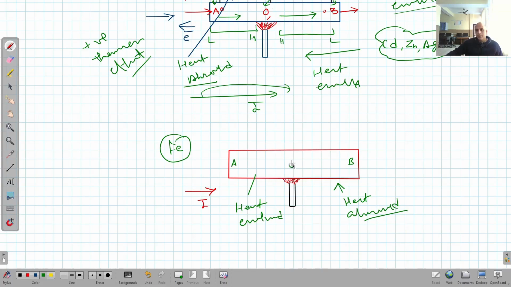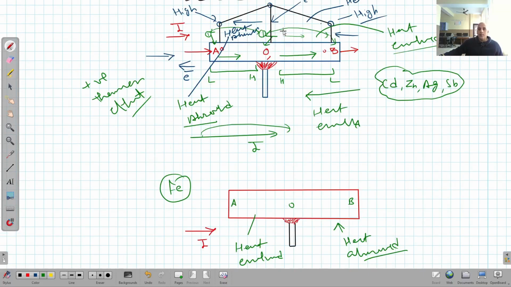This is the center, let O be the point. It is exactly opposite to this. It means in this case the situation is different, right?